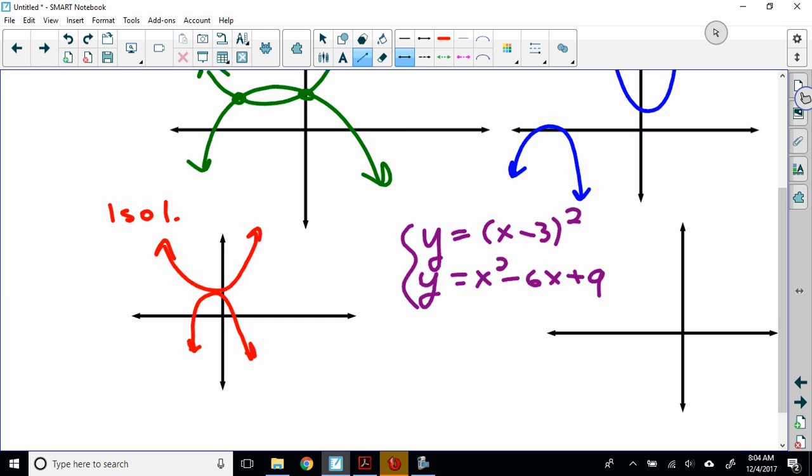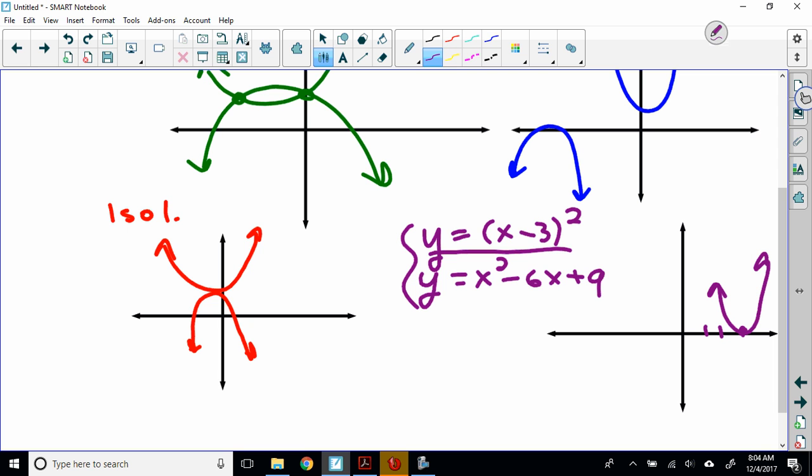We'd have infinitely many solutions because the first equation here has a vertex of (3, 0), and it opens up like that. And the second equation has a y-intercept of 9, and if we were to factor that down, it's the same thing as the other one. So that particular system could have infinitely many solutions.